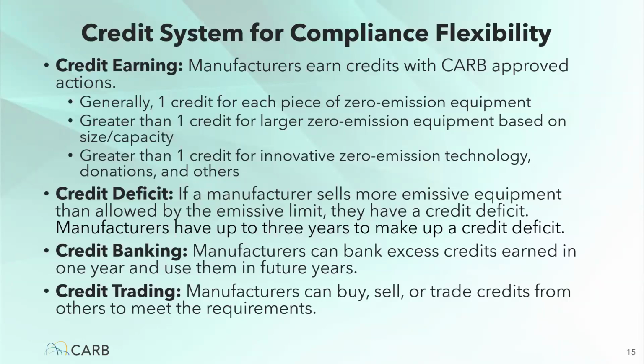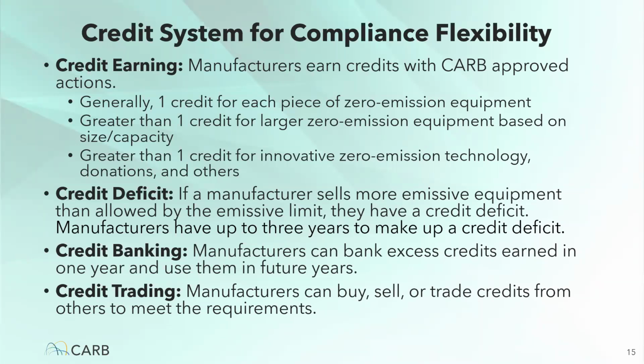Okay, so as I mentioned, to provide flexibility, the regulatory proposal includes a credit system. This would allow manufacturers to earn, bank, and trade credits. Credits can be earned through CARB-approved actions, which will be covered in more detail shortly.